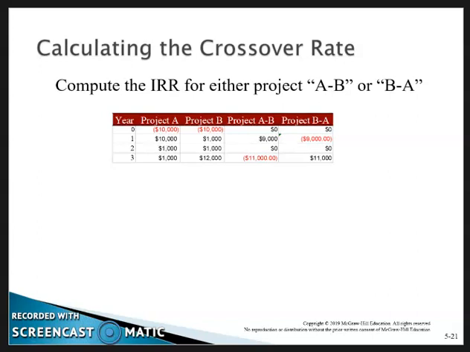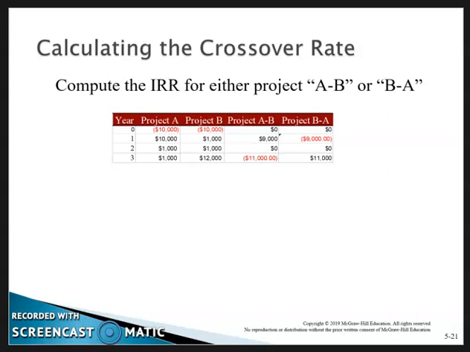What we're going to do is subtract project B from project A. That's what these cash flows are. The initial investment is the same, so negative 10,000 minus negative 10,000 is 0. 10,000 minus 1,000 is 9,000. 1,000 minus 1,000 is 0.